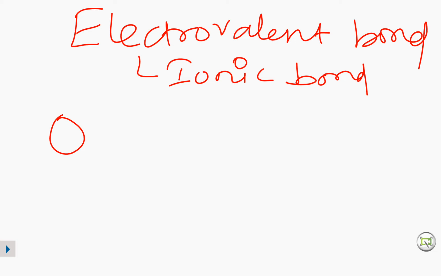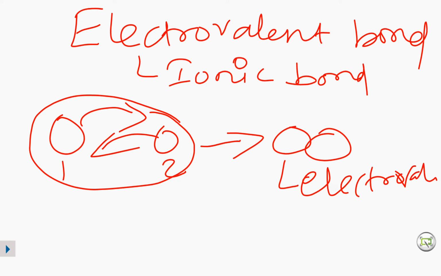Suppose this is atom 1, this is atom 2. There is a transfer of electrons, and by transferring the electron they form one bond, and that is known as electrovalent or ionic bond. So what is an electrovalent bond? It is a transfer of one or more electrons from one atom to another atom.